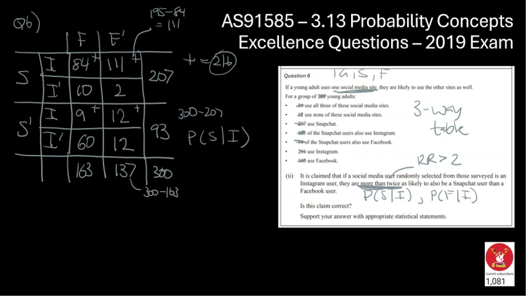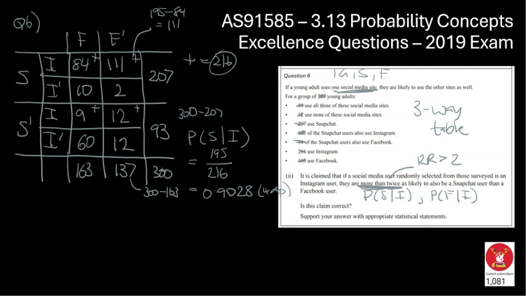There you go. 216, and of these 216 people, how many of them use Snapchat? That's the 84 plus 111 up above, and that gets me to 195. So 195, I'm now going to convert that to a decimal, and I'm getting 0.9028. So roughly 90% of these people are going to have both Instagram and Snapchat.